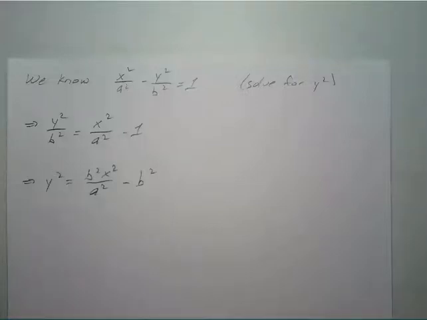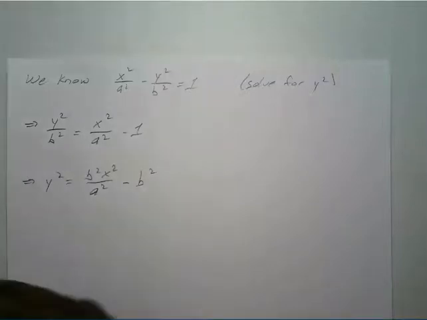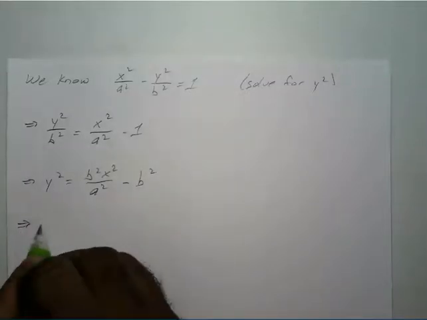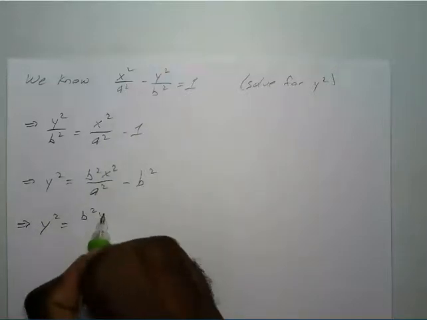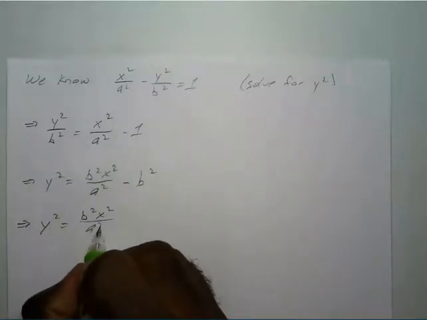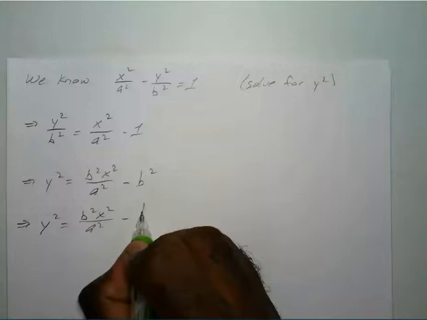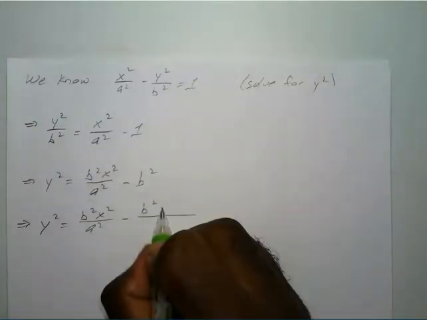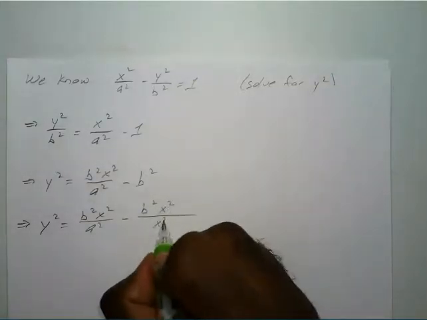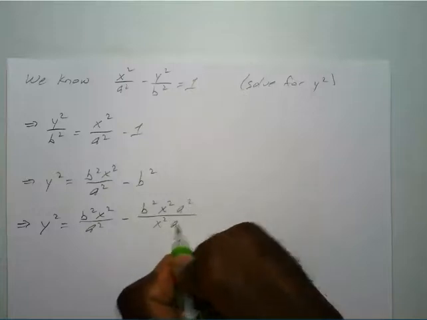All right. So we're going to kind of mess around with that one a little bit. Okay, we're going to tweak it just a bit. So if we have y squared equals b squared x squared over a squared minus b squared, we're going to make that x squared over x squared and a squared over a squared.